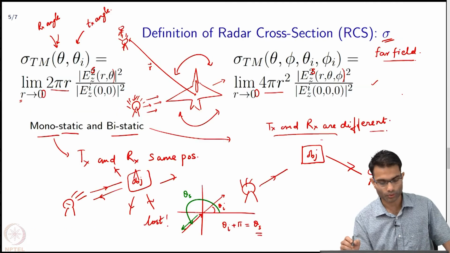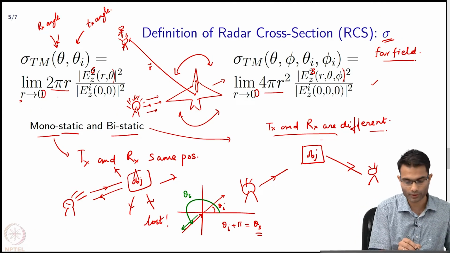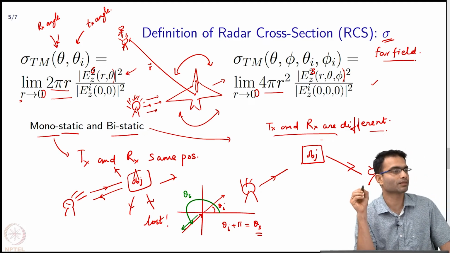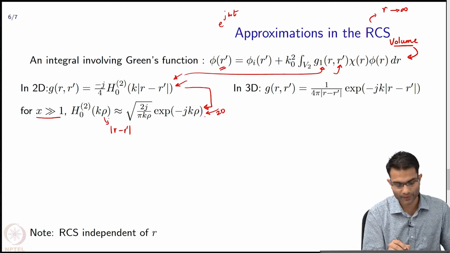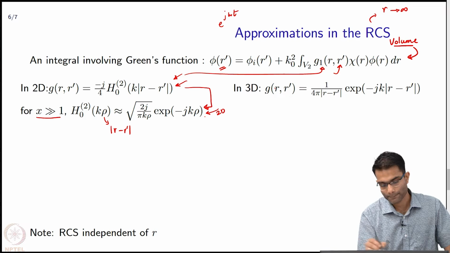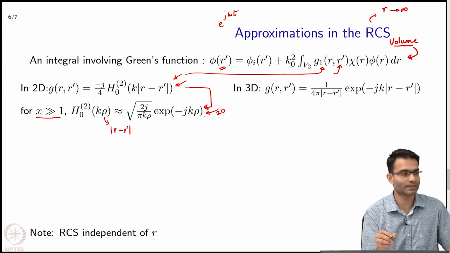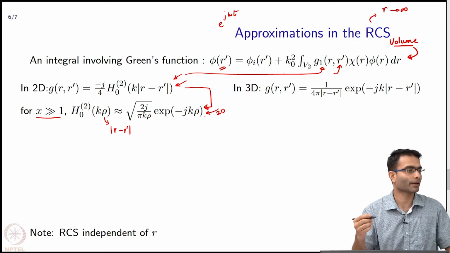So, if you go back now to the definition of your RCS, there is a 2 pi r over here, right, and this first term over here is E scattered squared. You can imagine that this root rho is going to come out of this integral approximately, and when I square it, what will I get?